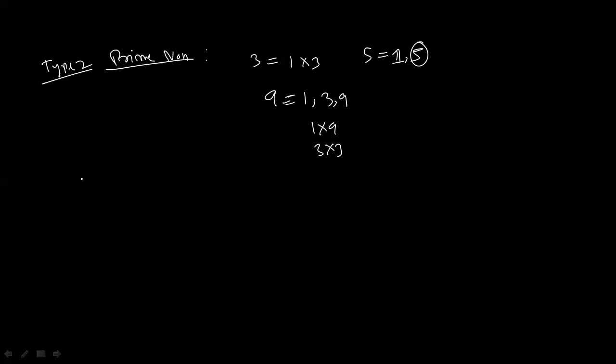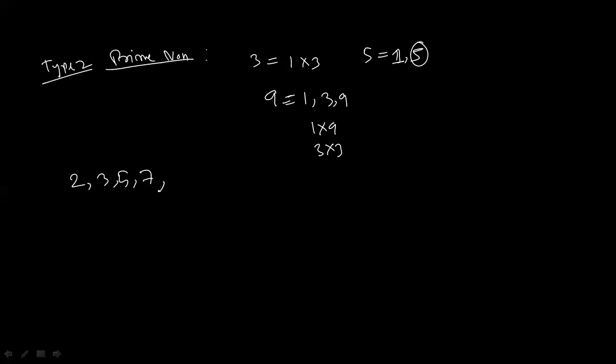Now see the series 2, 3, 5, 7. 2 is the smallest prime number, 3 is the next consecutive prime number, 5 is the next consecutive prime number, and 7 is the next consecutive prime number.